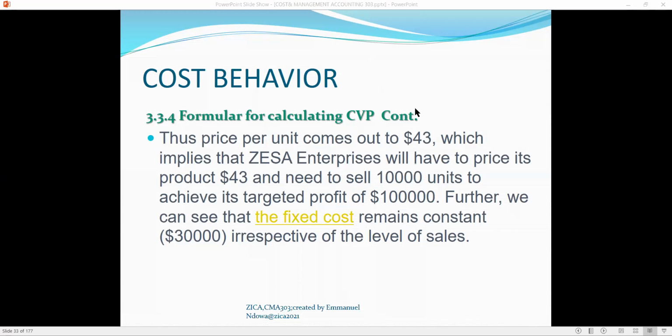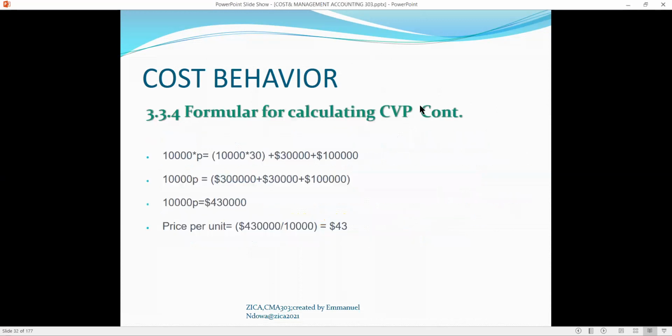So you can actually see that our missing link is the price. What I've been explaining earlier on, our formula for calculating the cost volume profit analysis, is that the revenue is equated to the total variable cost plus total fixed cost plus the profit.